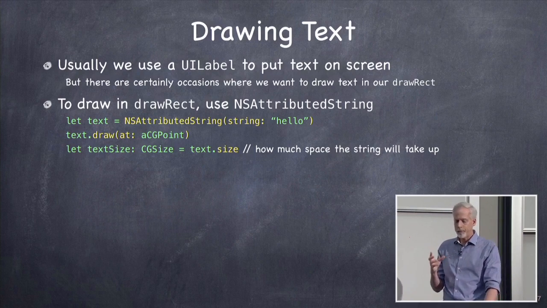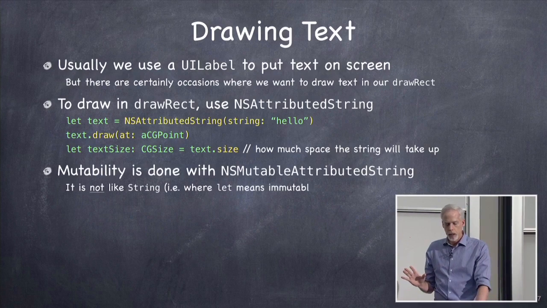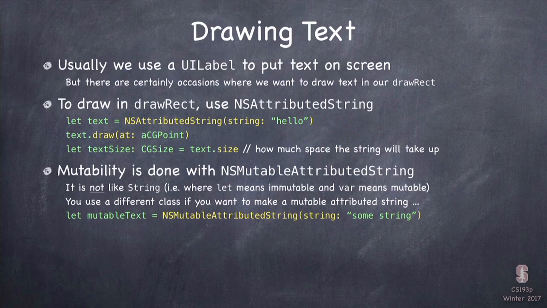Now, one thing that's kind of a bummer about NSAttributedString is it's really an old style API. var and let don't even work to make it mutable or not. Okay? So if you want a mutable attributed string where you're going to change its attributes and change its text, you need to have a different class called NSMutableAttributedString. Okay? So things like setAttributes don't work on an NSAttributedString.